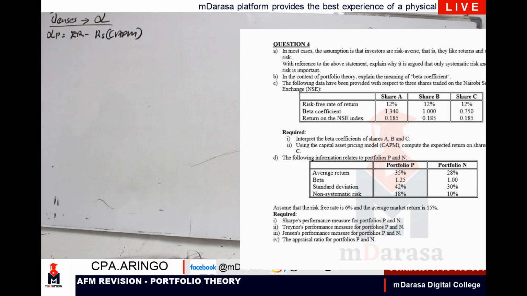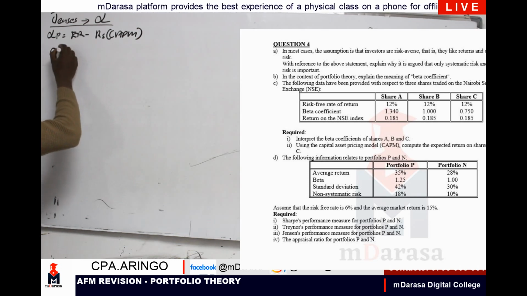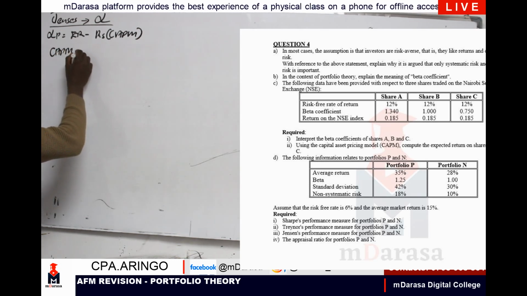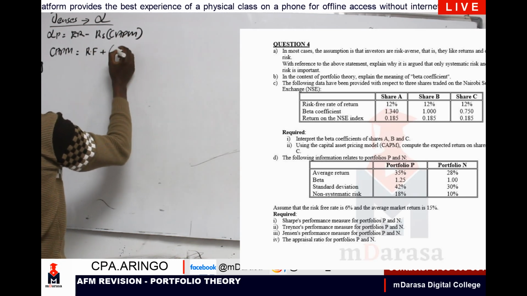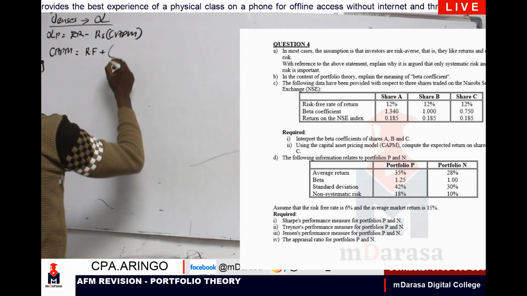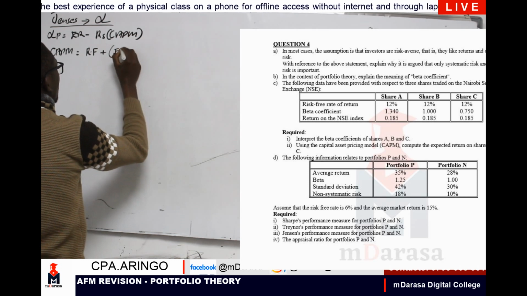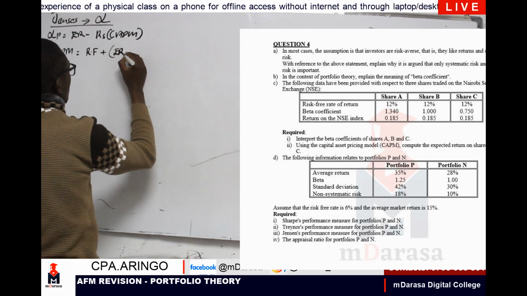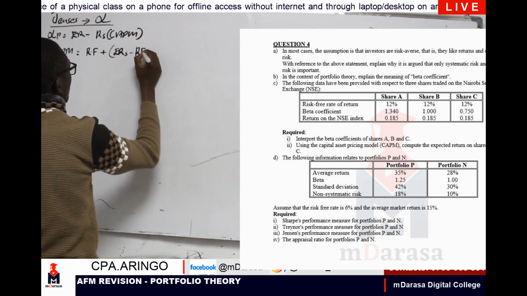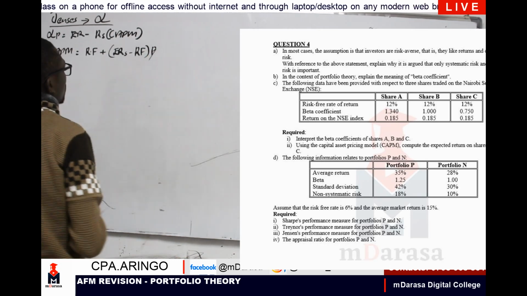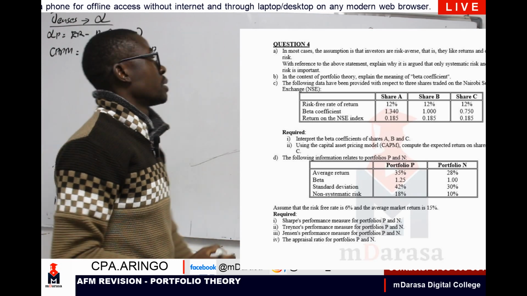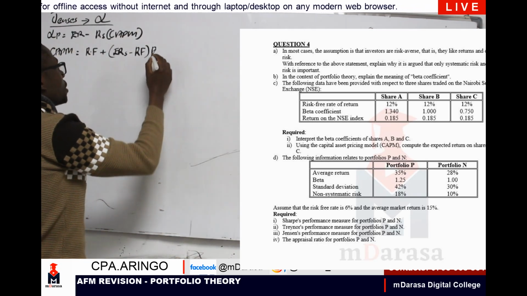And that would be very easy because CAPM return, recall, as Mwalimu mentioned, is risk-free. We add our values, which are expected return or return of our market minus our risk-free, and we multiply by the beta coefficient of our security.